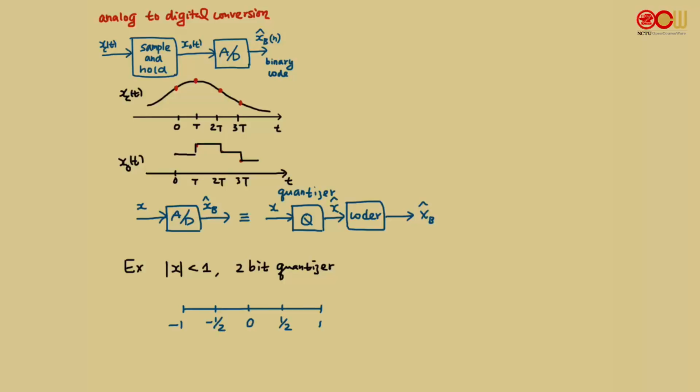Within each cell, whenever x falls into the cell, it's quantized to the center value. These values are 1/4, 3/4, -1/4, and -3/4.